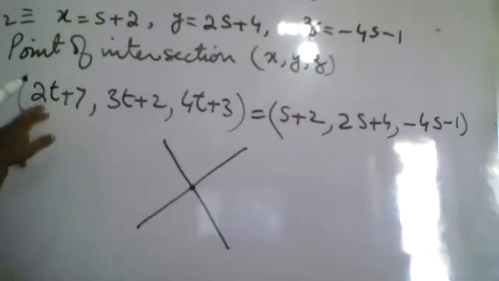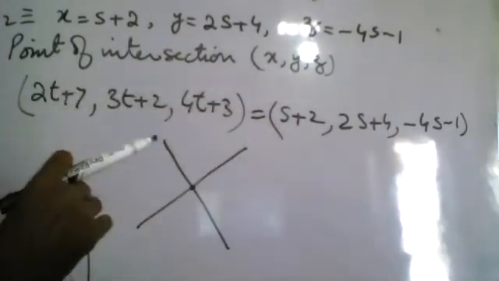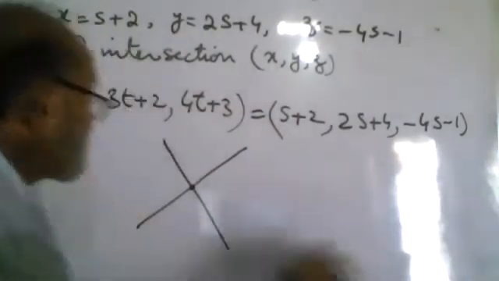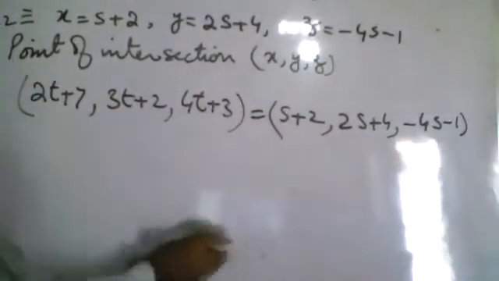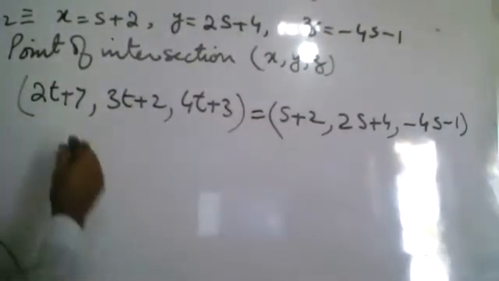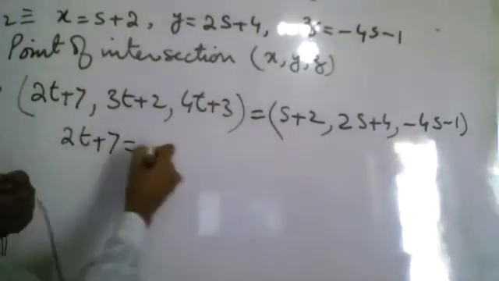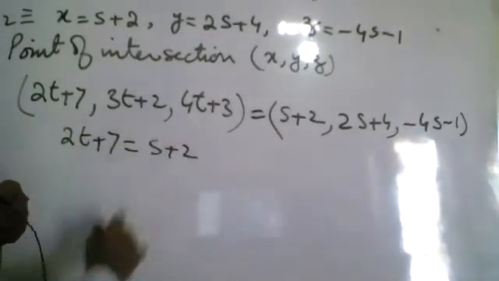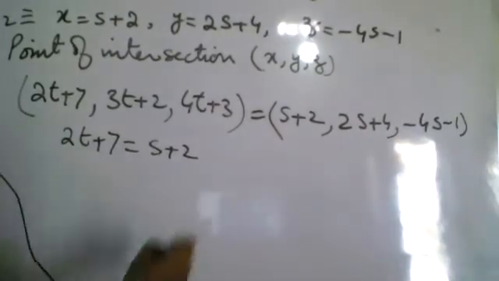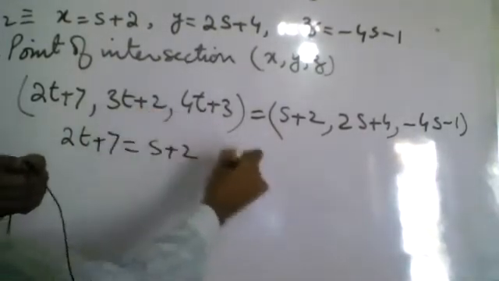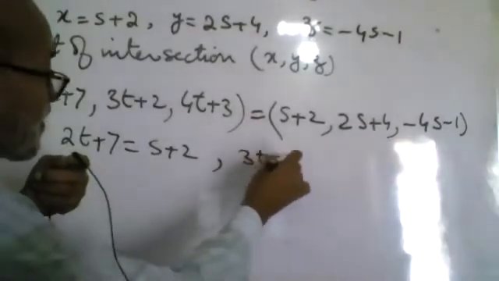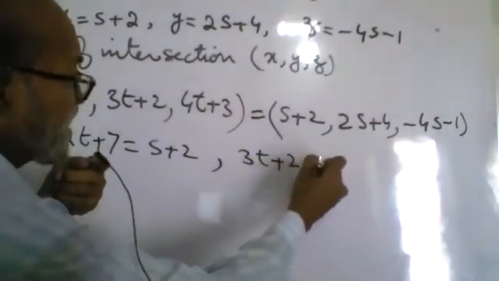It means 2t plus 7 is equal to s plus 2. And 3t plus 2 is equal to 2s plus 4.